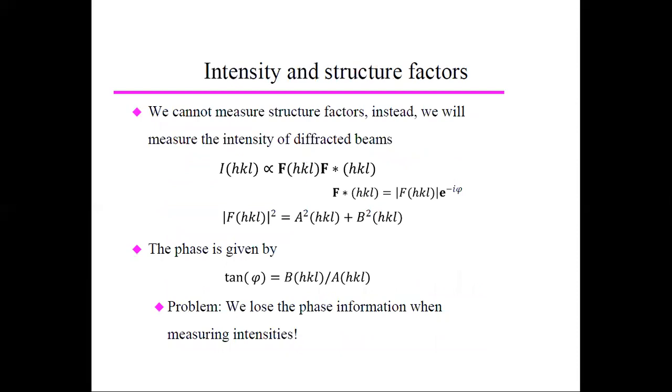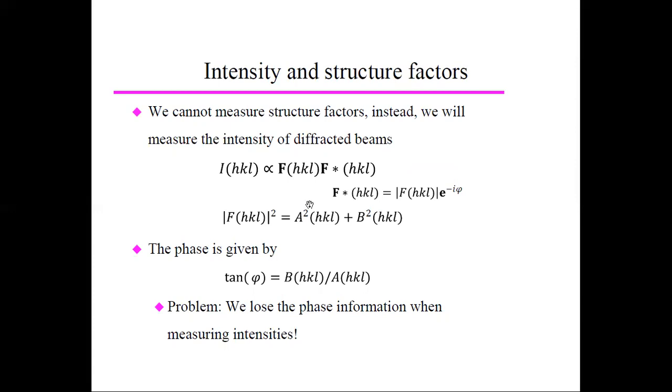Now we shall move to another topic, called intensity and structure factor. We cannot measure the structure factor; instead we measure the intensity of the diffracted beam. I(hkl) is proportional to F(hkl) times F*(hkl), which is equal to the modulus of F(hkl) e to the power minus i phi, that is |F(hkl)| squared, equal to A squared(hkl) plus B squared(hkl).